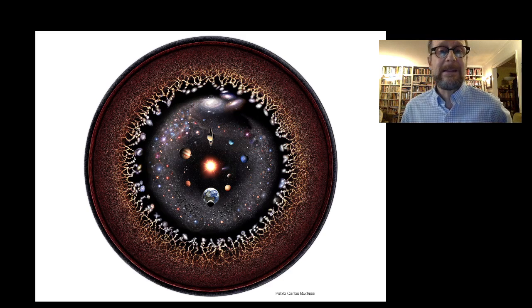So this is a painting with the sun at the center, and then a logarithmic scale used radially from the center to the edge of this circular painting. And so we have the sun, we have a nearby comet, near the sun, Mercury, Venus, Earth, and the Moon, Mars, Jupiter.